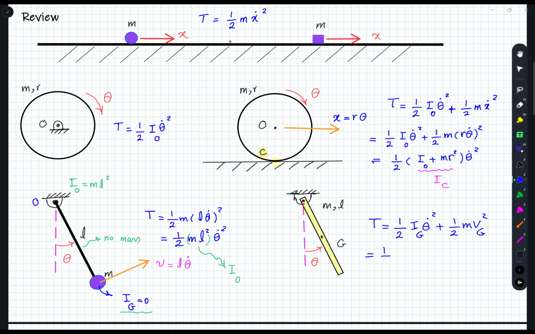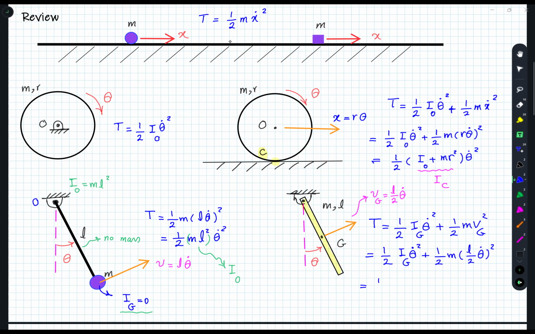I can replace Vg, the velocity of point G, because we know it simply is half of L theta dot. Therefore, it's going to be half of Ig theta dot squared plus half of m times half of L theta dot, squared.